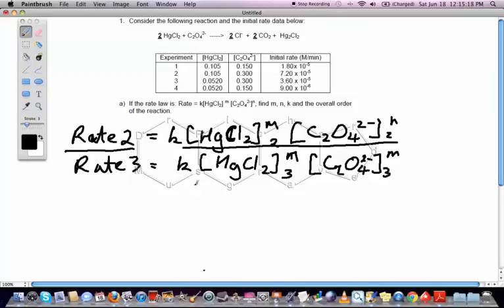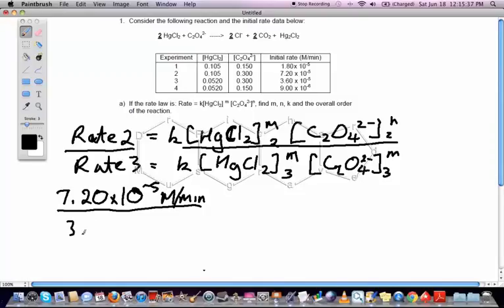So now we can go ahead and plug in our values again. So we'll have 7.20 times 10 to the negative 5 molar per minute over 3.60 times 10 to the negative 5.